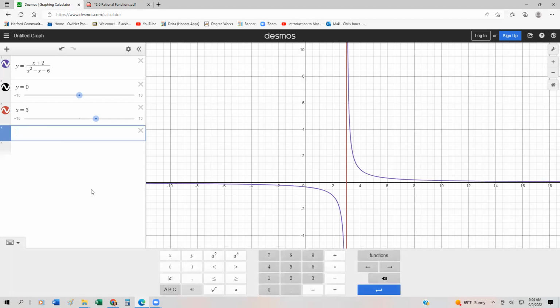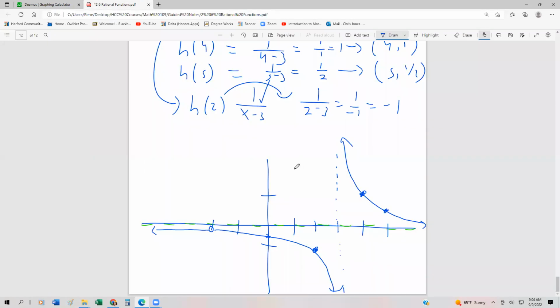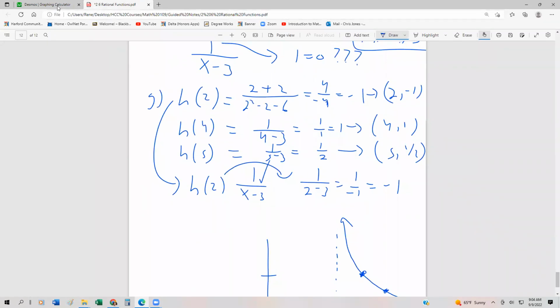Okay. Some other points that we plotted. So remember, we had the point 4, comma 1. We had the point 5, comma 1/2. Okay. On the left side of the graph, I honestly forgot. We had 2, -1.